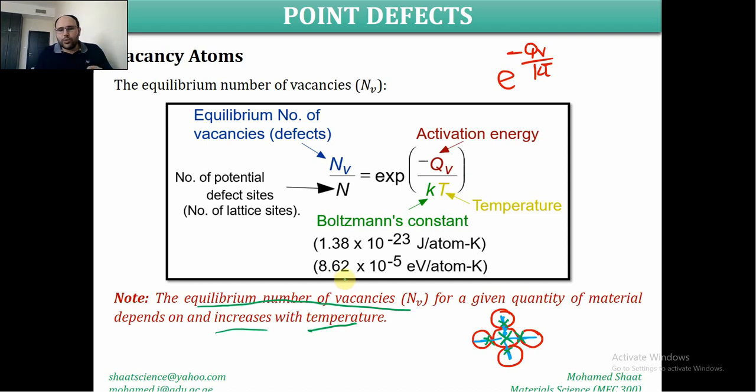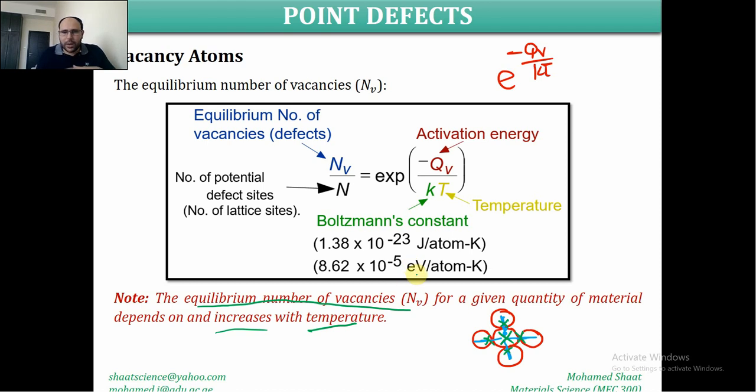Or it could be 8.62 times 10 to the power negative 5 in case it was given in electron volts, which is related to the electron charge, and is also a measure of energy. This is another unit of energy, somewhat different from the joule. The joule is the mechanical concept of energy, but the eV is the energy associated with the electron's movement.